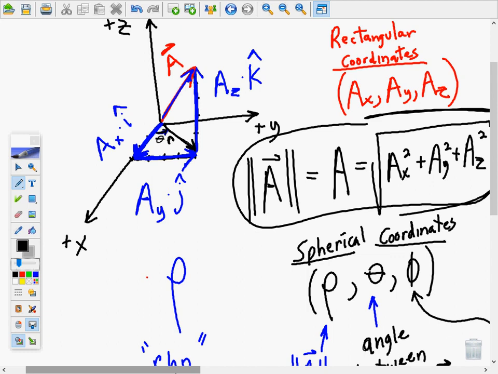It's coming out three-dimensionally right here. But from the positive z, right over there, to the A vector itself, that's phi. And it's like an O with a line down there. It's a lowercase phi.